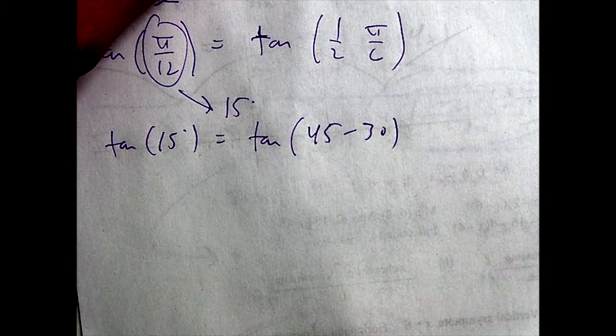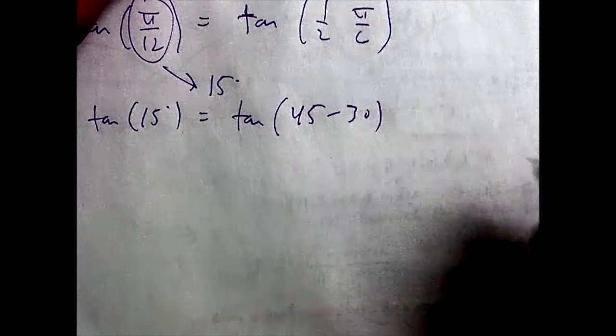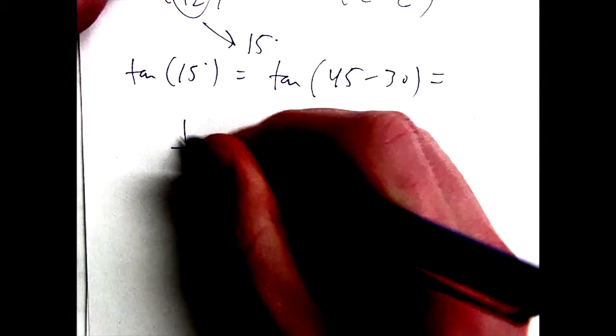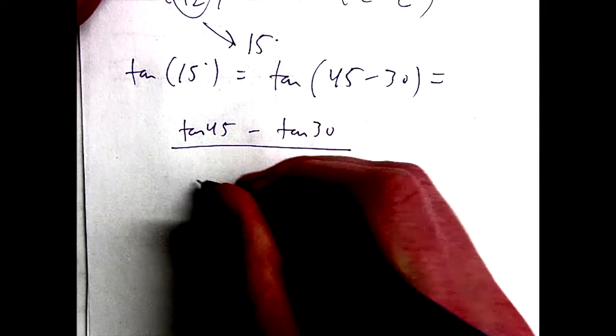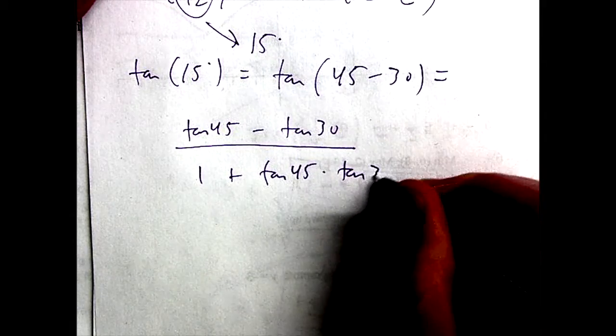So let's write this as tan of 45 degrees minus 30, right? This is going to be a tough one, basically because the simplification is kind of brutal. So the tangent difference formula tells us that this is tan 45 minus tan 30 over 1 plus tan 45 times tan 30.